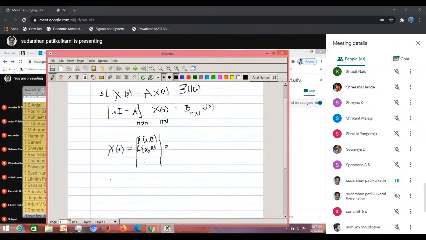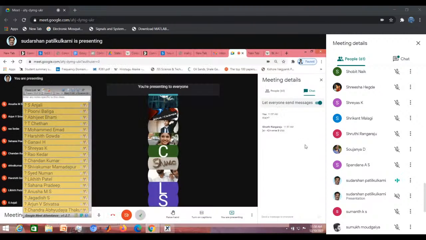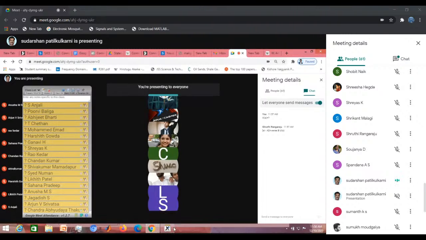If you take the output equation, y of t is equal to C times x of t plus D into u of t. This is the output equation. Yeah, Shruti is right.